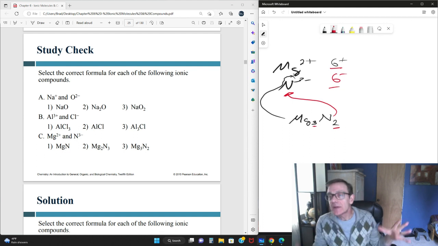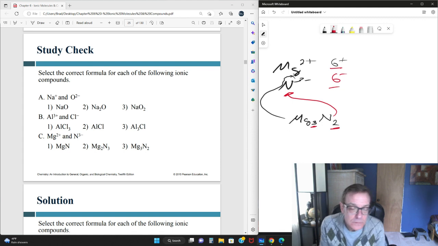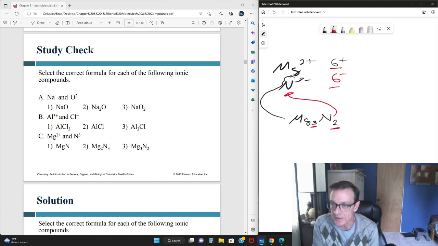Yes. Yeah, because there aren't partial charges. You can't have magnesium 2.25, nitride 1.7, or whatever. The subscript, the number of charges will always be a whole number. So you're always going to have a whole number in your atom. Yeah, I mean, if that helps you visualize, yes.